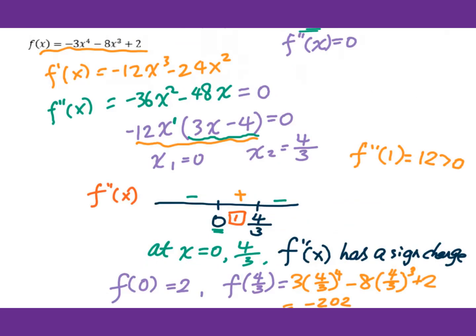Now let's go over the procedure. First of all, you get the first derivative and the second derivative. Second step, you set the second derivative equal to 0 and solve for x. Then make sure you do the sign diagram to check that the second derivative has a sign change at the roots.